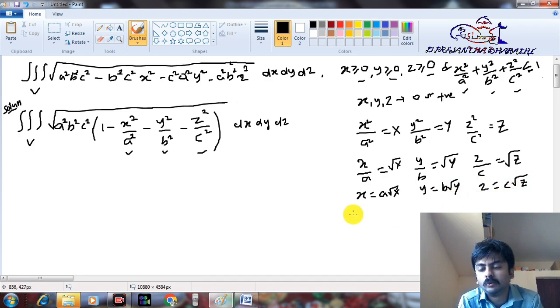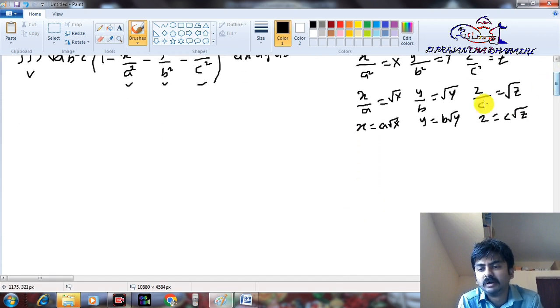Okay, now on differentiation we get dx equal to, if I differentiate root x, I get minus a divided by 2 root x, because 1 by 2 x power minus 1 by 2 will be the derivative of x power 1 by 2, that is root x.